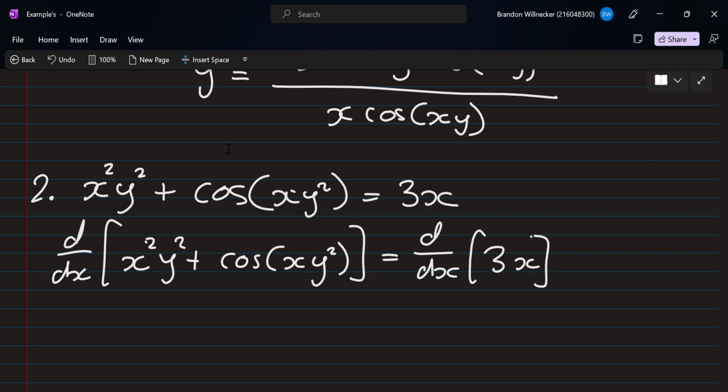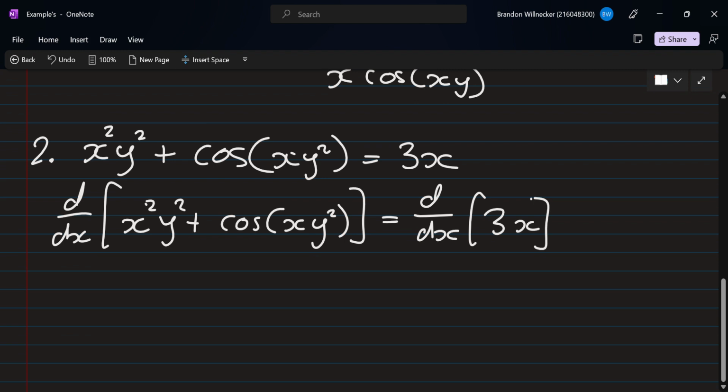Similarly, for the cos term, we have an outside function, so chain rule is going to apply there. Then on the inside, we've got the product of two functions, so we're going to have to use the product rule there. So you should always think to yourself, what's going to happen in the next step? What do I need to look out for? Okay, so first bit, x squared y squared. Let's take the derivative.